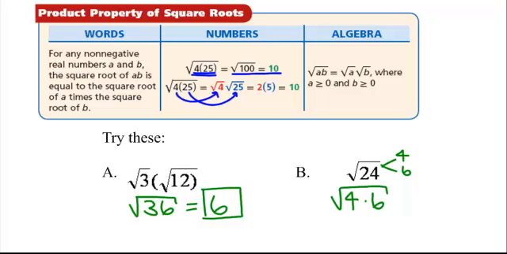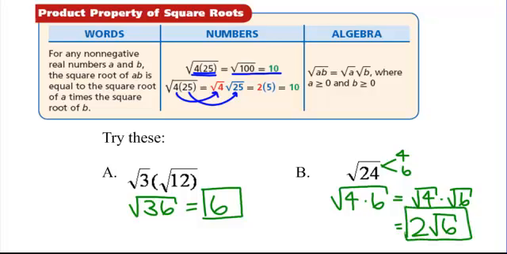And then we could split that up into two radicals, the square root of 4 times the square root of 6. And I know the square root of 4 is 2, and since I don't know the square root of 6, I'm just going to leave it as the square root of 6. We want to double check that we can't break 6 up into any more of our perfect squares, and no more perfect squares fit into it. So this is our answer. This is in simplified form, 2 root 6. It's an exact form, we're not getting a decimal out, but it is as simple as it can be.